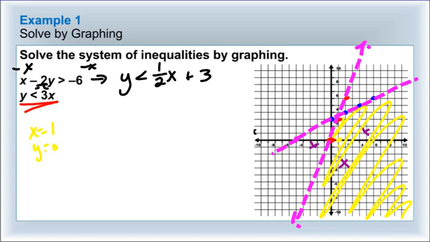Here I would have y is 0 when 0 is less than 3 times 1. 0 is less than 3, so I know that's true here. If I put a 0 here and a 1 here, 1 minus 0 is 1. 1 is greater than -6, so I know that is the side that I need to shade on.